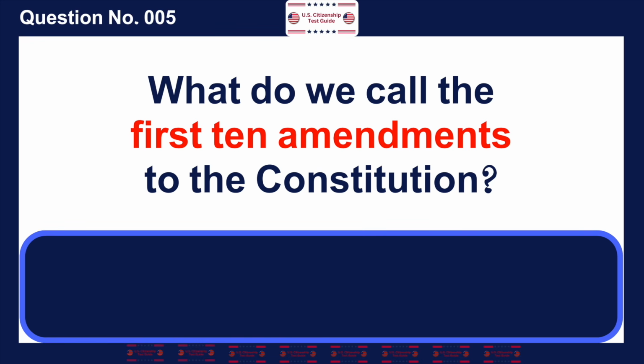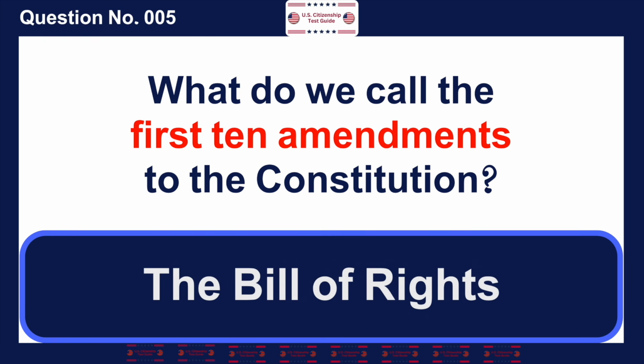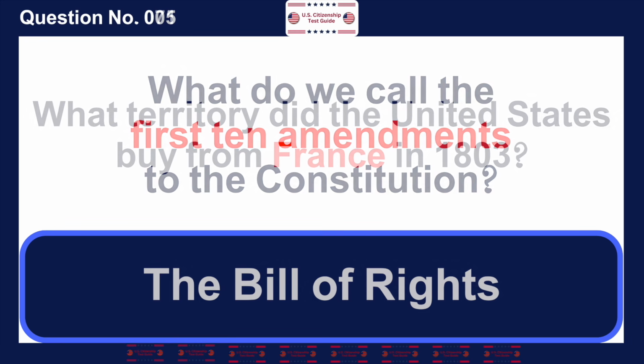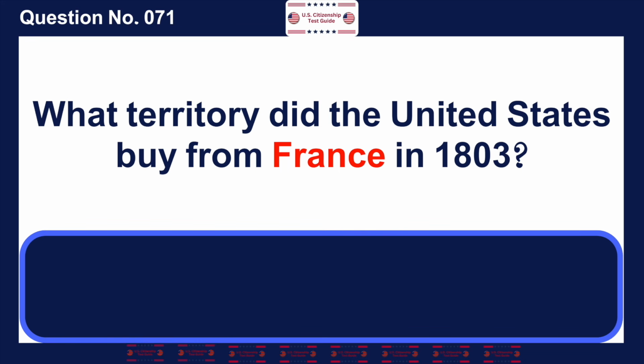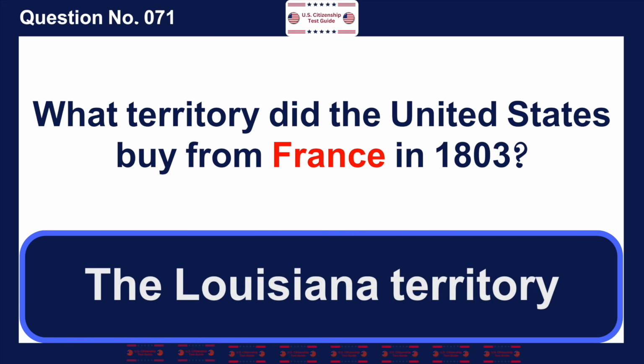What do we call the first 10 amendments to the Constitution? The Bill of Rights. What territory did the United States buy from France in 1803? The Louisiana Territory.